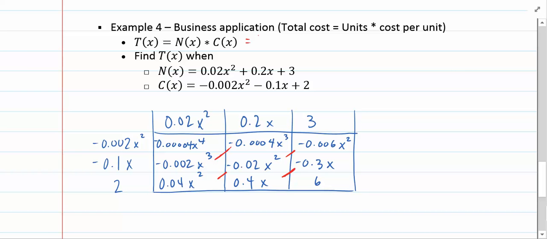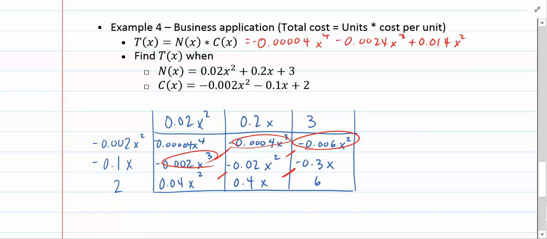The total cost can be calculated by using this formula, negative 0.0004x to the fourth minus 0.0024x cubed. I got that result by adding together these two like terms, plus 0.014x squared.